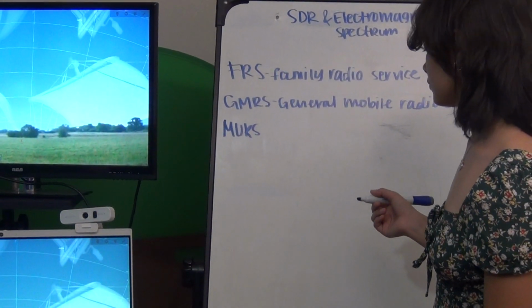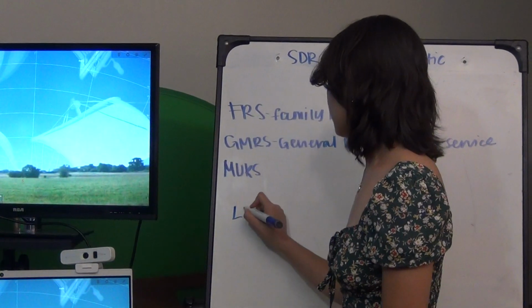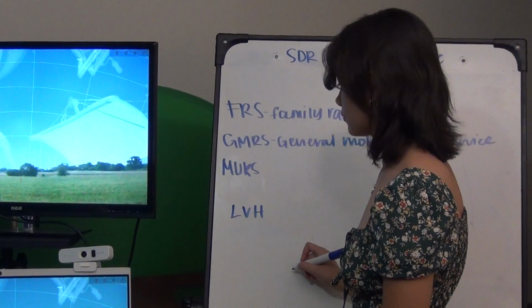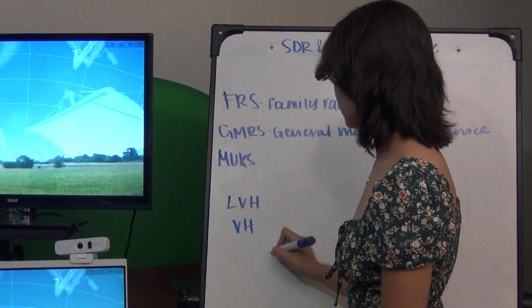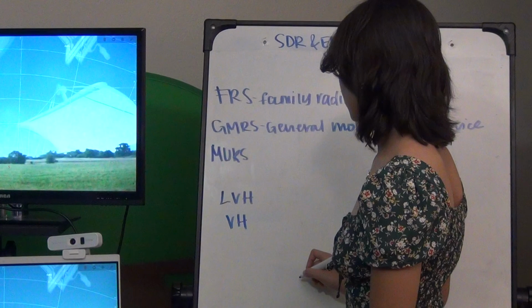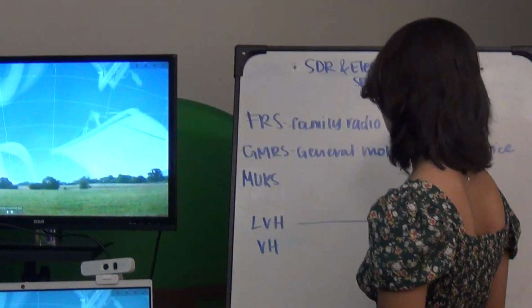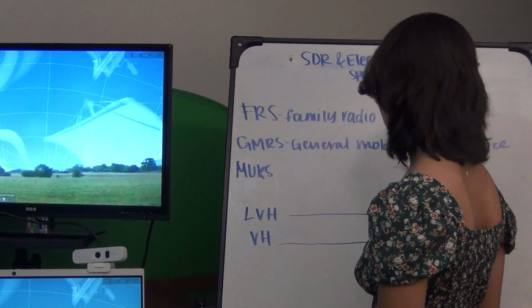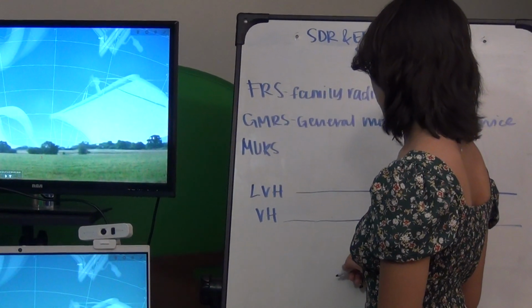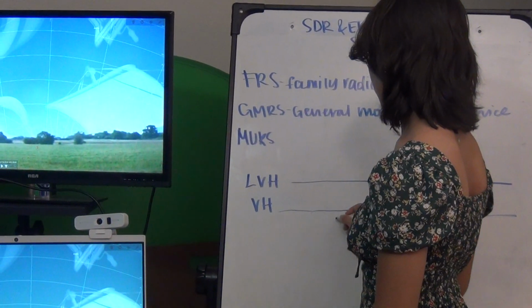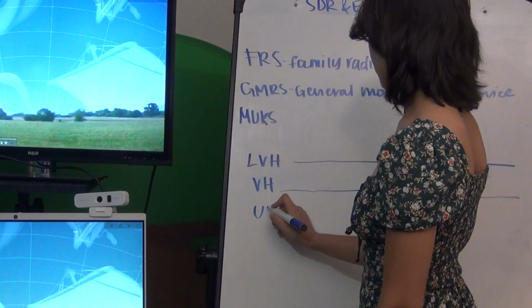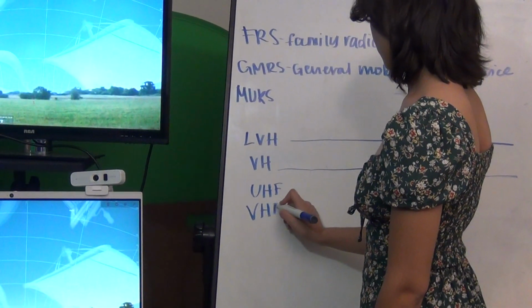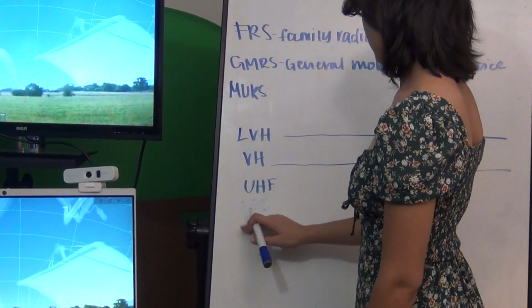Above there, we start with the real world of radio frequency. So first comes low VHF, and then VHF. Now draw a line there under VHF. Now comes UHF, ultra high frequency, and the next one would be SHF.